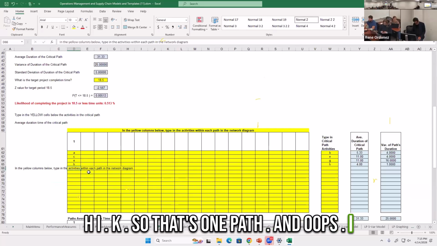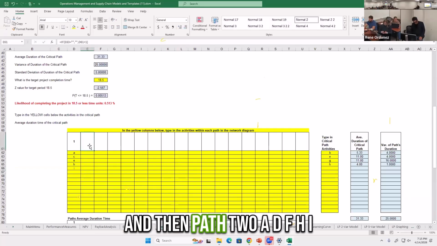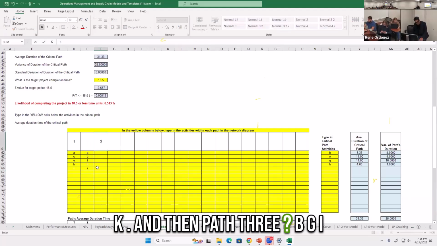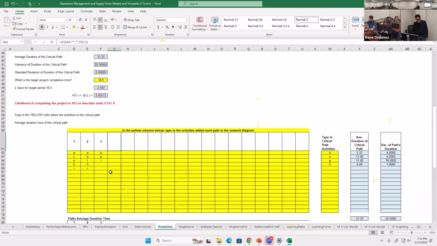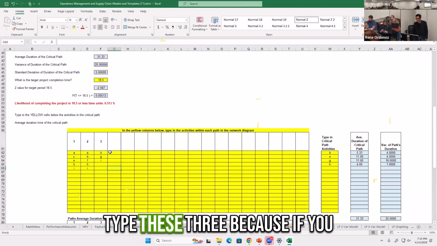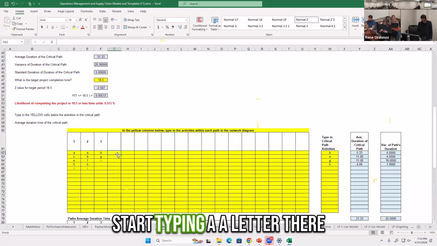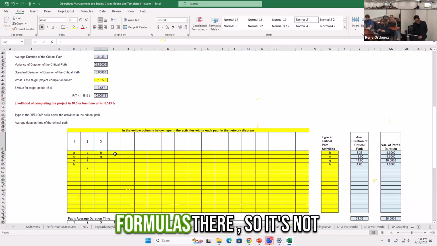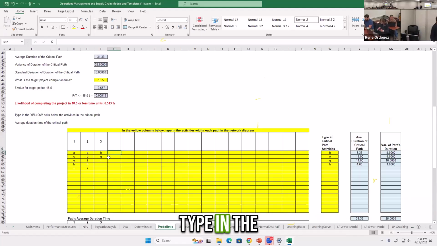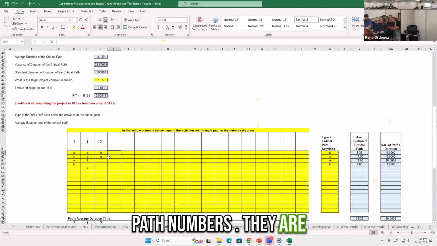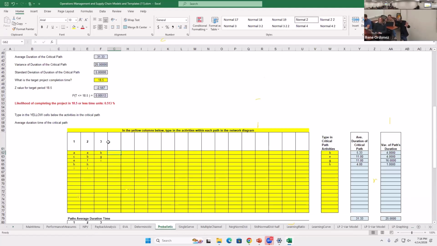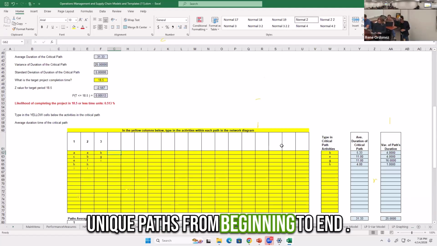Then path 2: A, D, F, H, I. And then path 3: B, G, I. Actually, I didn't have to type these, because I removed the formulas here, so it's not working. But you don't have to type in the paths; they are automatically entered by the template. So these are the 3 unique paths from beginning to end.